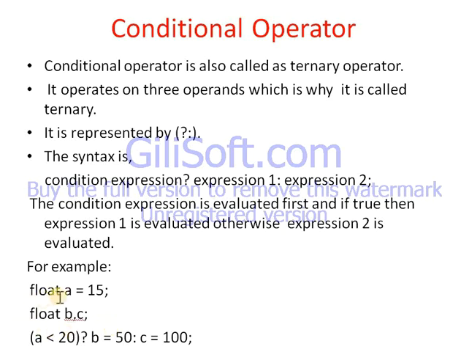For example, here one variable A of float type is defined with a value of 15, and two other variables, B and C, are declared. Here the conditional operator is shown, where the condition expression is whether A is less than 20, then B equals 50, otherwise C equals 100.